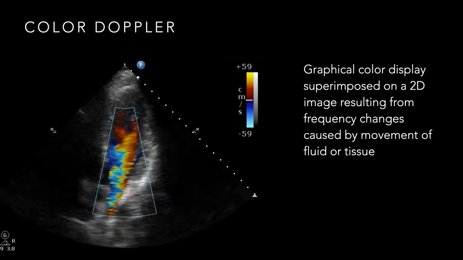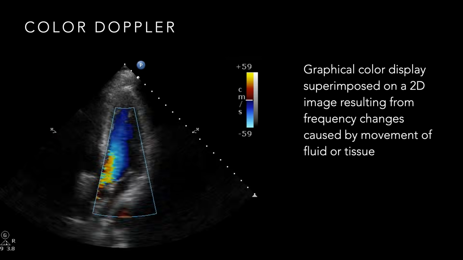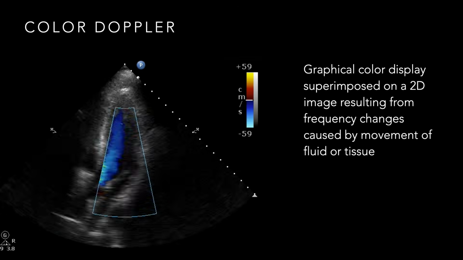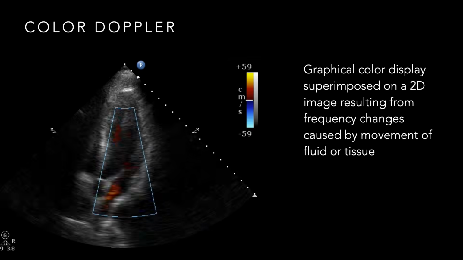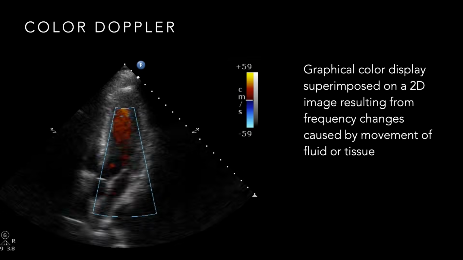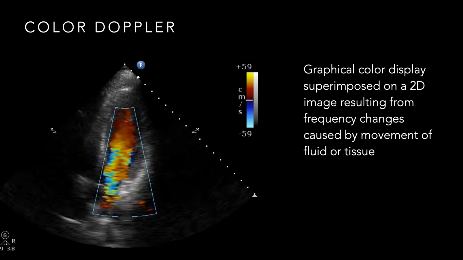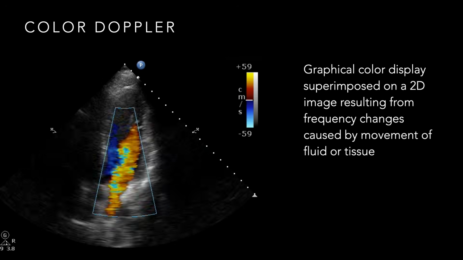Remember what we talked about way at the beginning, that delta F is equal to 2 times the frequency transmitted times the velocity over the speed of sound in tissue. That delta F that we measure, right, we can display on top of the 2D image that we're looking at. And the greater degree to which that frequency is changed, the larger that delta F is, we can display that as a different color, right?